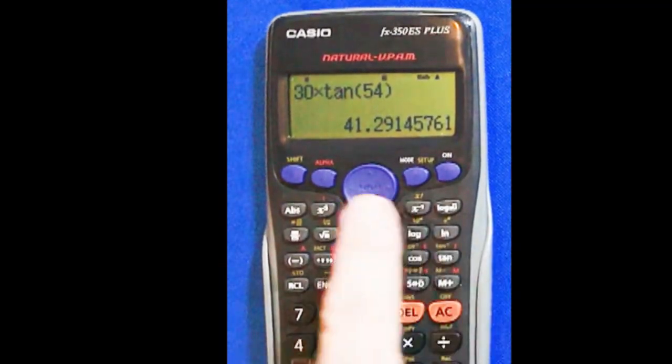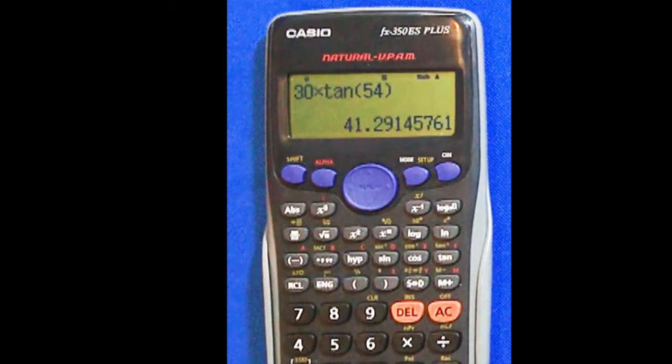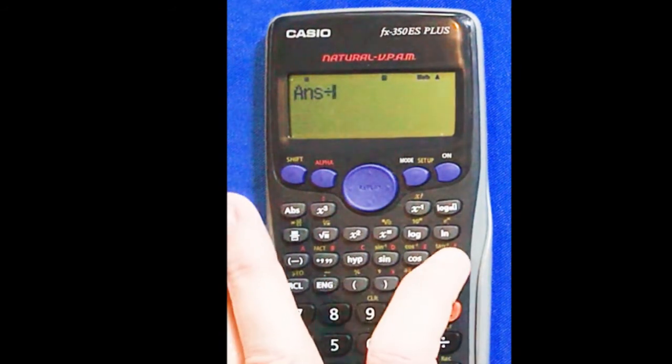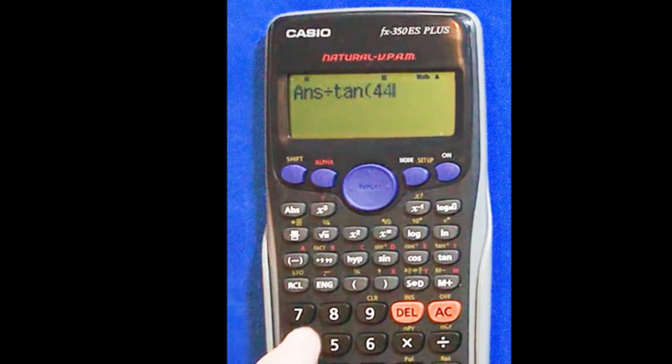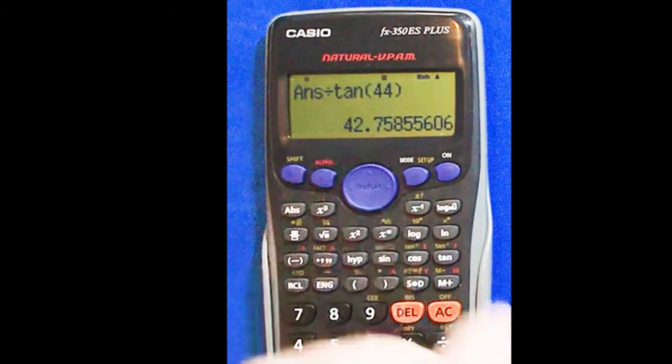Now can you see that that number is already sitting on my calculator? So all I need to do is divide, and that last answer is being used now, and I'm going to divide by the tan of 44 degrees. So 44, close the brackets, and I've got 42.8.